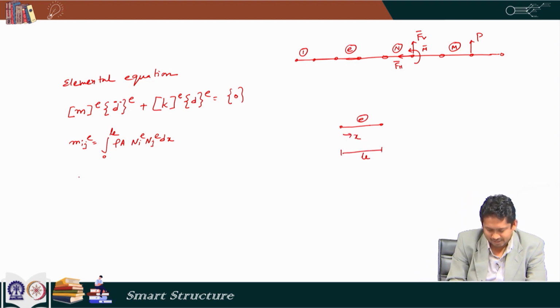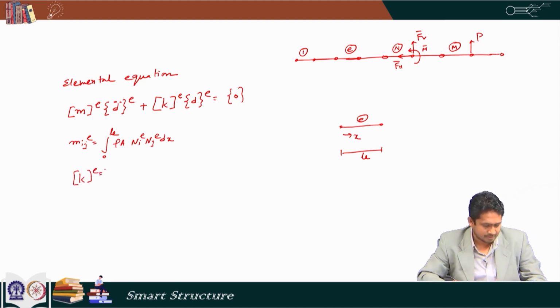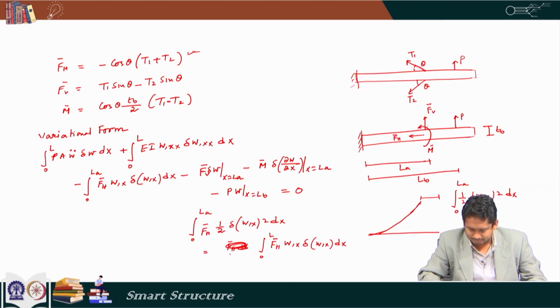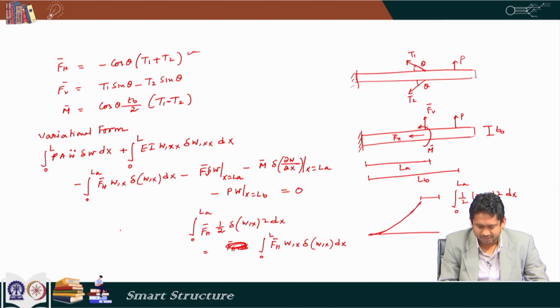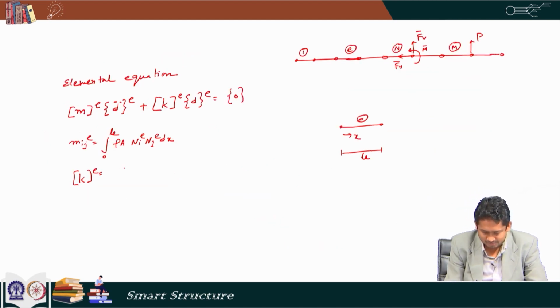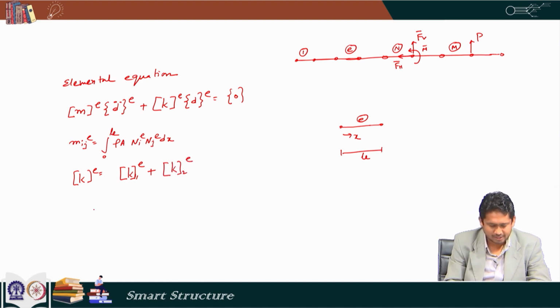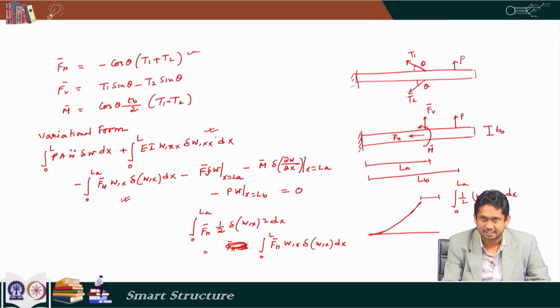And K has two parts, because if we look at the virtual work equation here, K comes from this equation as well as this equation. So, finally, K has two parts, we can call it K 1 E plus K 2 E. K 1 E has contribution from this expression and K 2 E has contribution from this expression.